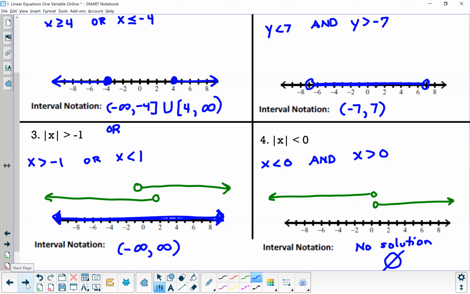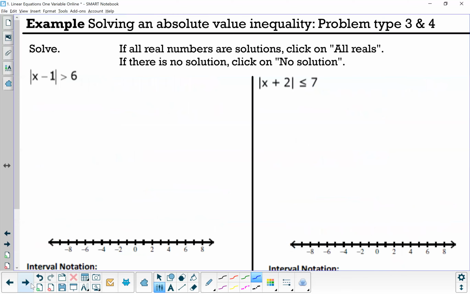All right, let's look at some other examples. So here we're just getting more involved. We can see here we have the absolute value bar x minus 1, absolute value bar greater than 6. So our absolute value expression is isolated, so we don't have to do any more work.